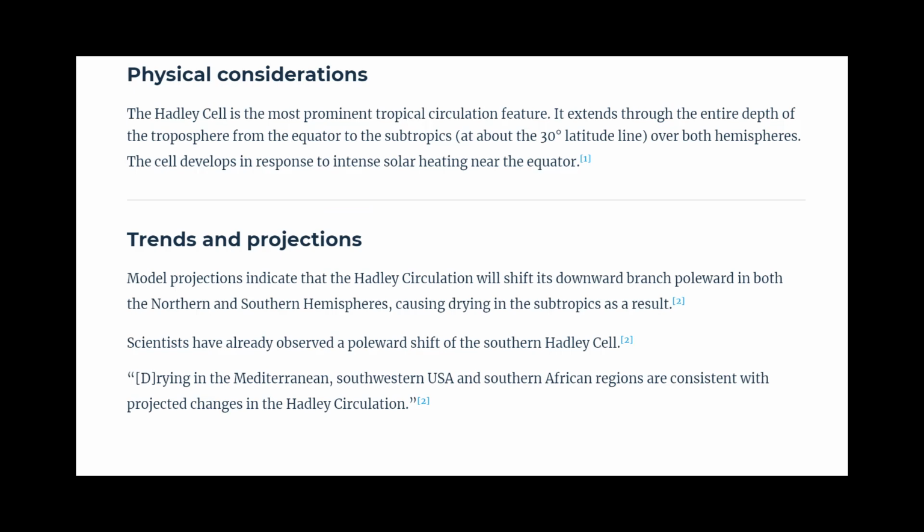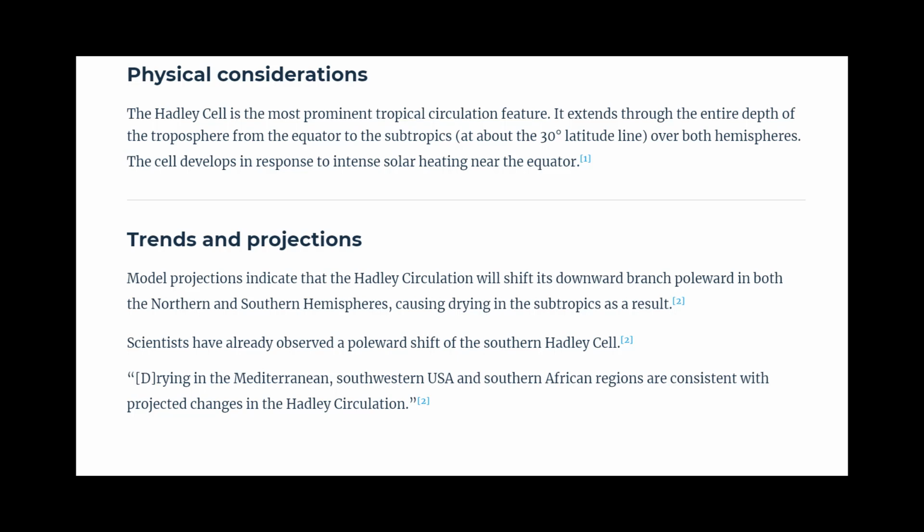Okay, at the bottom of the paper it says the physical considerations. The Hadley cell is the most prominent tropical circulation feature. It extends through the entire depth of the troposphere from the equator to the subtropics at about 30 degrees latitude line over both hemispheres. The cell develops in response to intense solar heating near the equator, which of course would be surface magnetism.